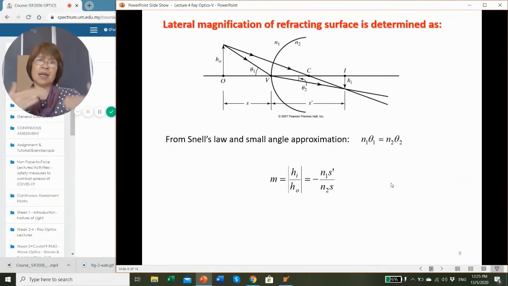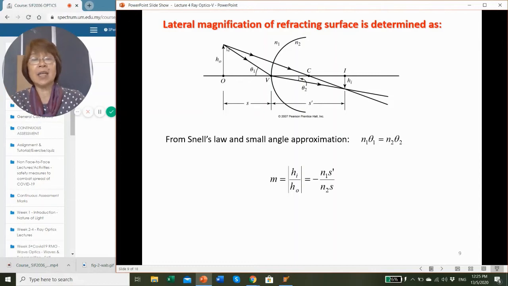Then what about the lateral magnification of this surface? In that case, we have to draw an object with a certain height, and then we consider the ray from the object that arrives at the vertex at incident angle θ1, and it will bend. This was governed by Snell's law with θ2 here.